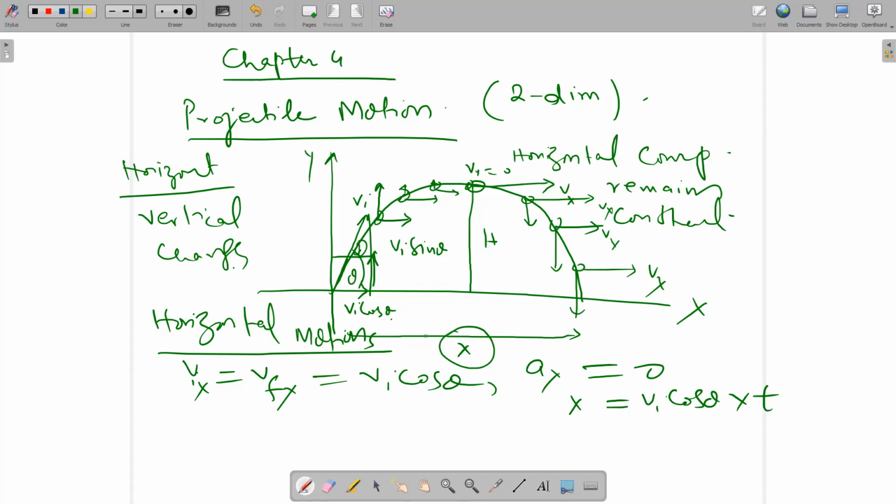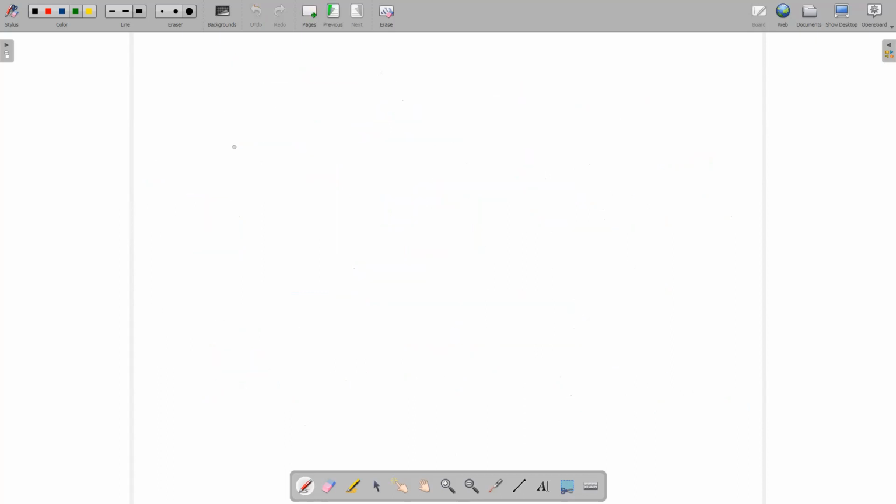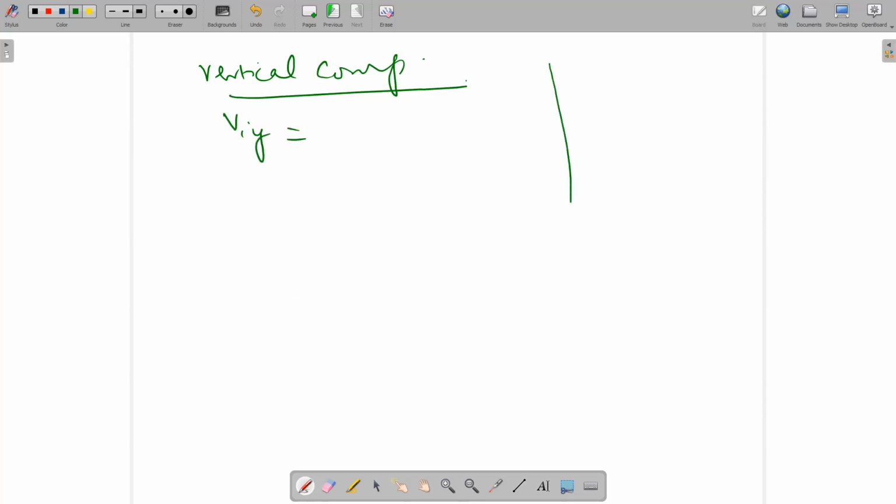But in case of vertical motion, now I want to discuss the vertical component of velocity. So this is Viy, because you know that if I plot this graph and this is our Vi, and this angle is theta.